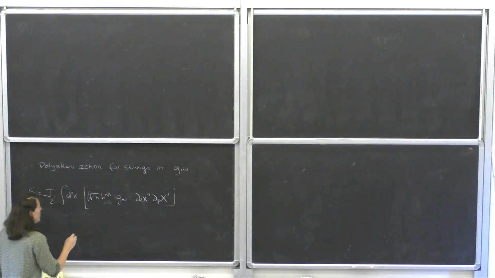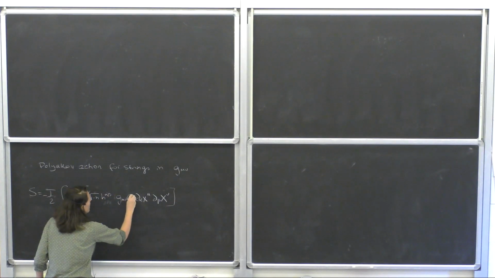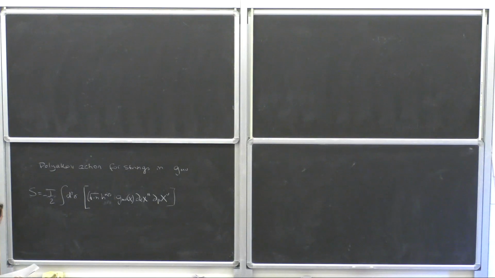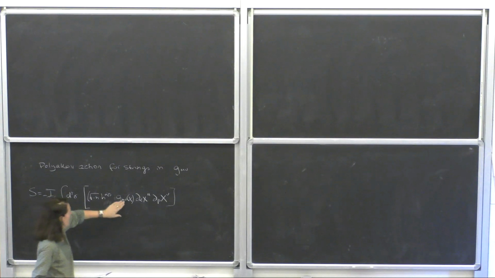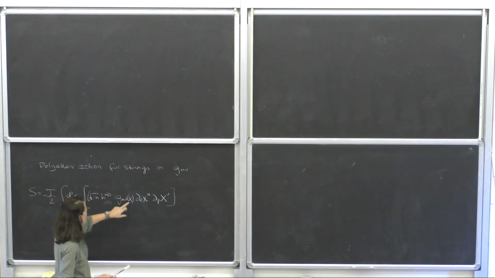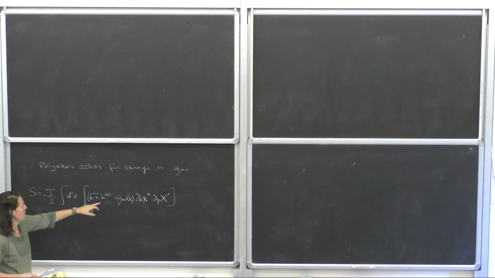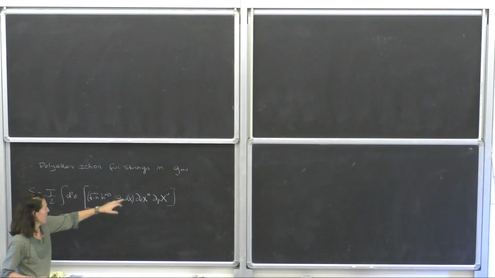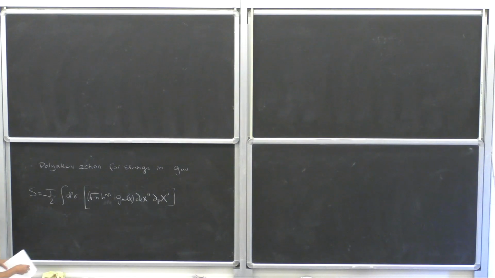So what do we do? As we said, if G mu nu is a constant, if this is eta mu nu, then these are free fields. If this is in general a G mu nu of X, this brings some horrible interacting thing. So what to do in that case? There are different ways to go.